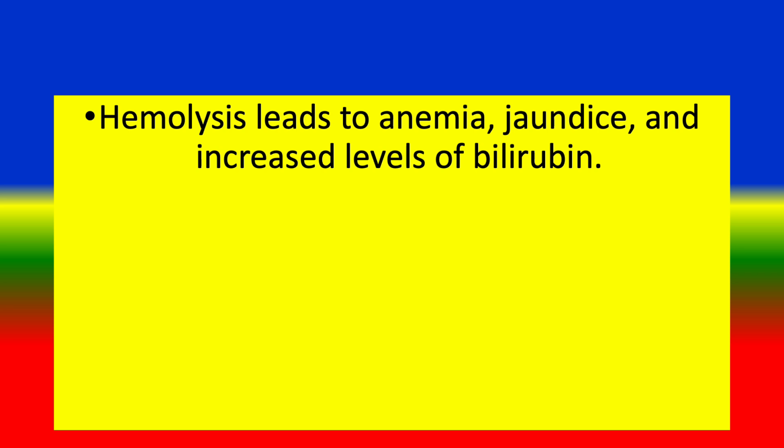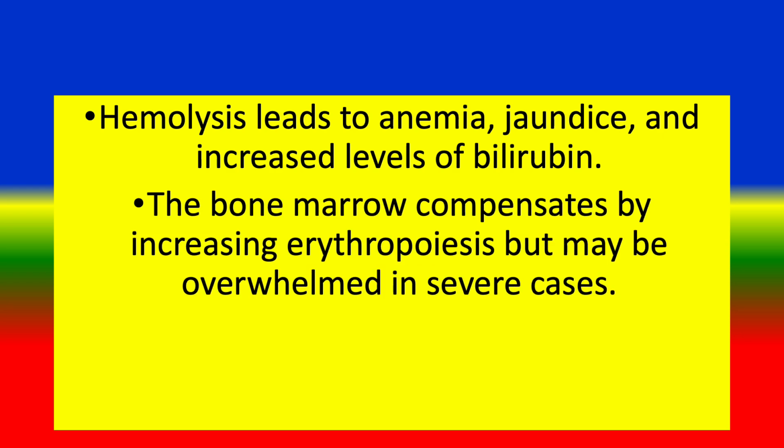Hemolysis leads to anemia, jaundice, and increased levels of bilirubin. The bone marrow compensates by increasing erythropoiesis but may be overwhelmed in severe cases.